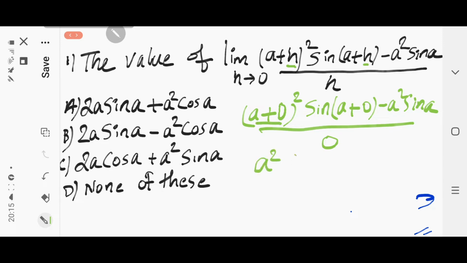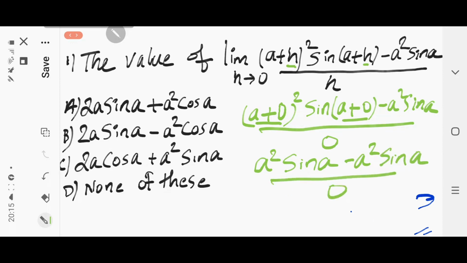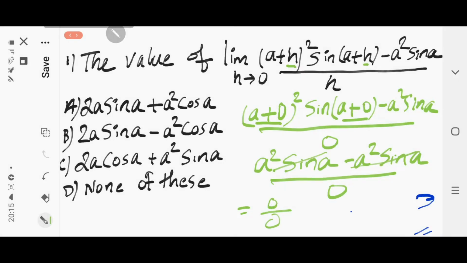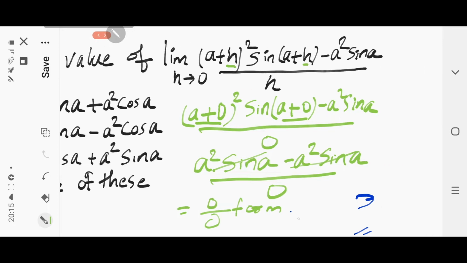That means a square sine a minus a square sine a, the whole divided by 0. Both are same, you cancel them. You get numerator as 0 and denominator is also 0. You can see that it is of the form 0 by 0. What is 0 by 0 form? It is known as indeterminate form, right? You heard about that?